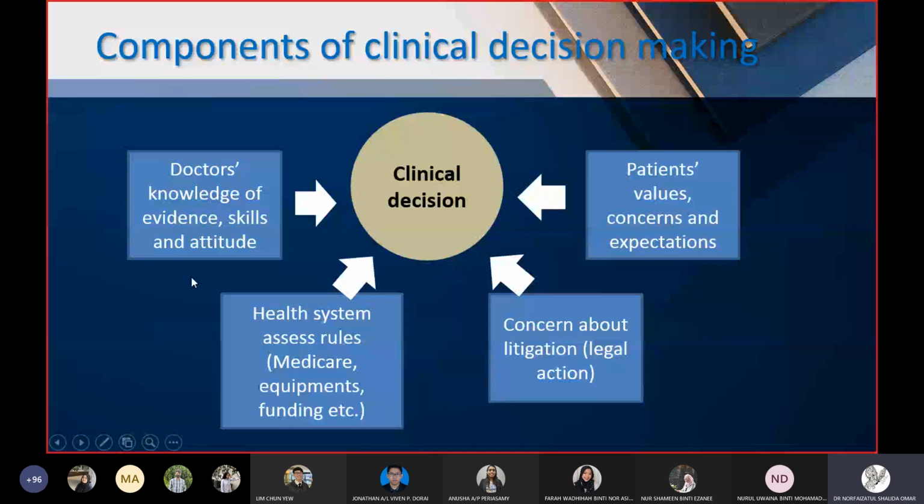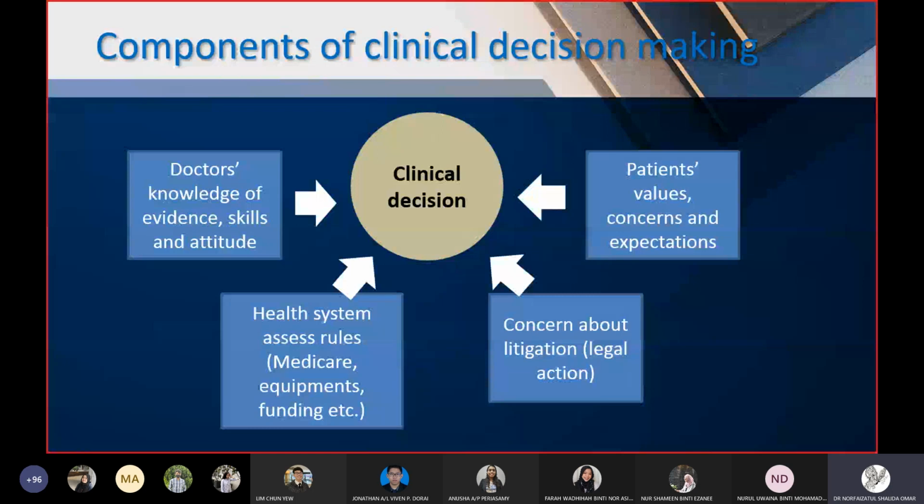And then you have to make sure that when you make a clinical decision, your clinic or health clinic has the proper equipment and funding. Let's say you want to try a new medication, but your clinic doesn't have enough funding to buy it. Same with equipment, like PCR equipment or even the CT scan.